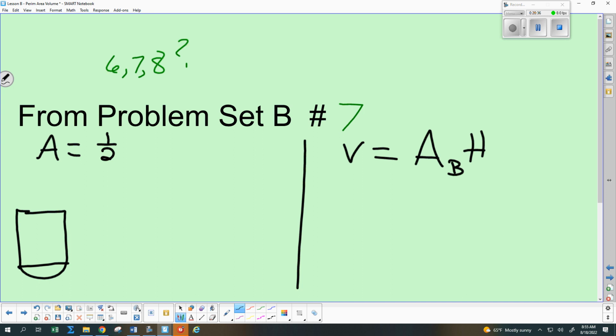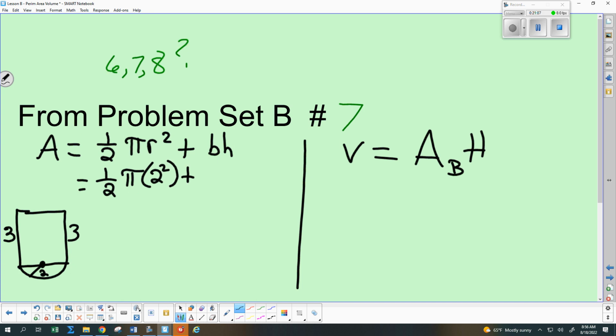So half, what's the area of the whole circle? And a rectangle is going to be base times height. So let's see, they gave us some numbers on that stuff. They said this was 3, this was 3, and they didn't tell me how long across the top there, but they told me this was a 2. So that means my radius is a 2, so I can say 1/2 pi times 2 squared.